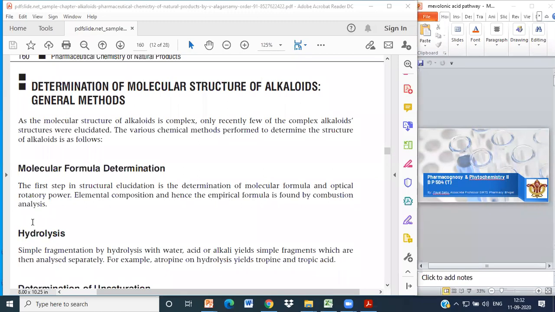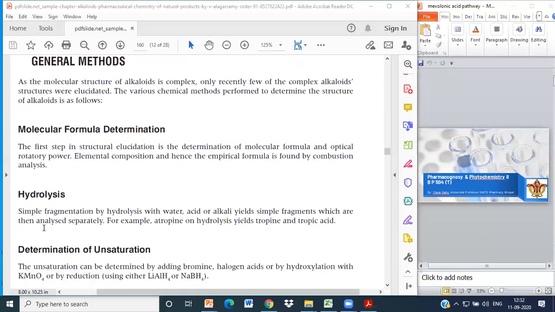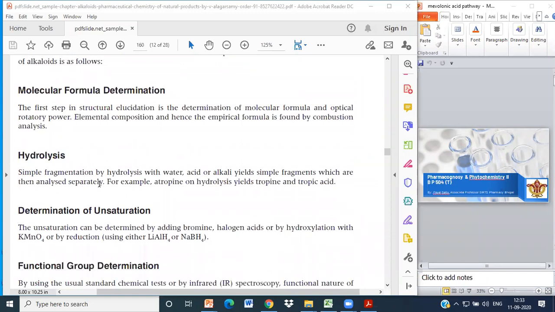The various chemical methods performed to determine the structure are as follows. How can you determine the structure of an alkaloid? First, molecular formula determination. The first step in structural elucidation is the determination of molecular formula and optical rotatory power. Element composition, and hence the empirical formula, is obtained by combustion analysis. Hydrolysis: simple fragmentation.